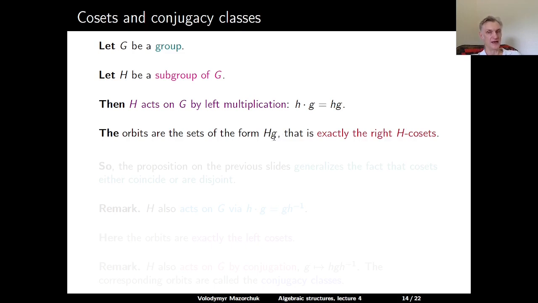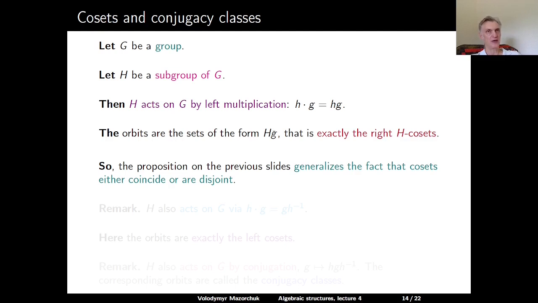And this is exactly a right H coset. So we have an action of H on G by left multiplication, and the orbits are the right H cosets. So our proposition generalizes the fact, which we have already seen, that different right cosets are either disjoint or coincide.